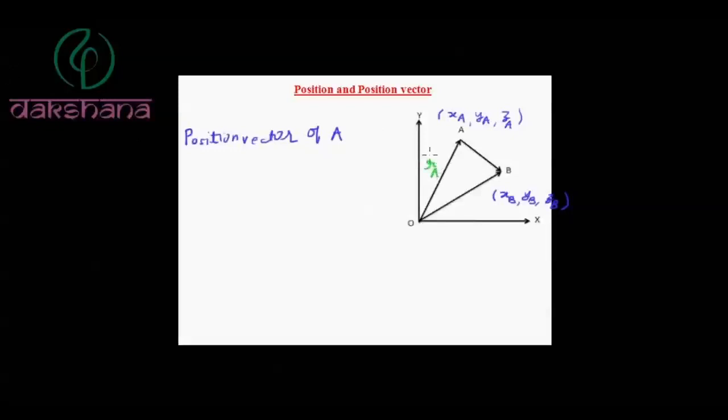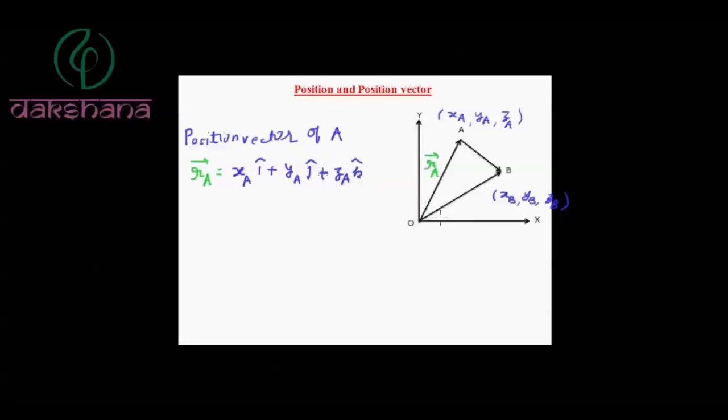The position vector of A is defined as RA, and we write it as XA i cap plus YA j cap plus ZA k cap.